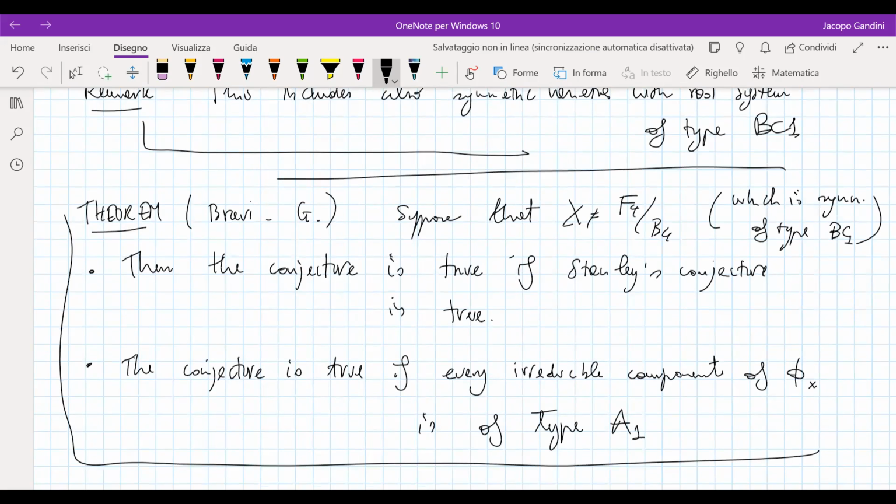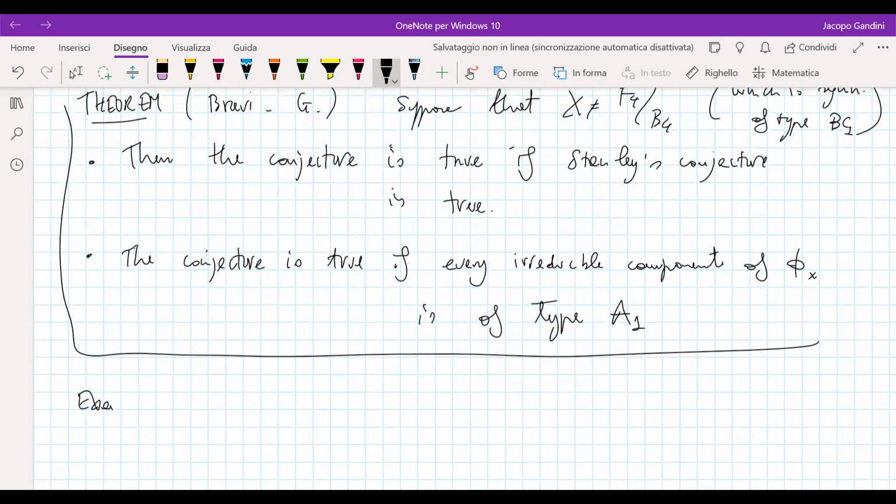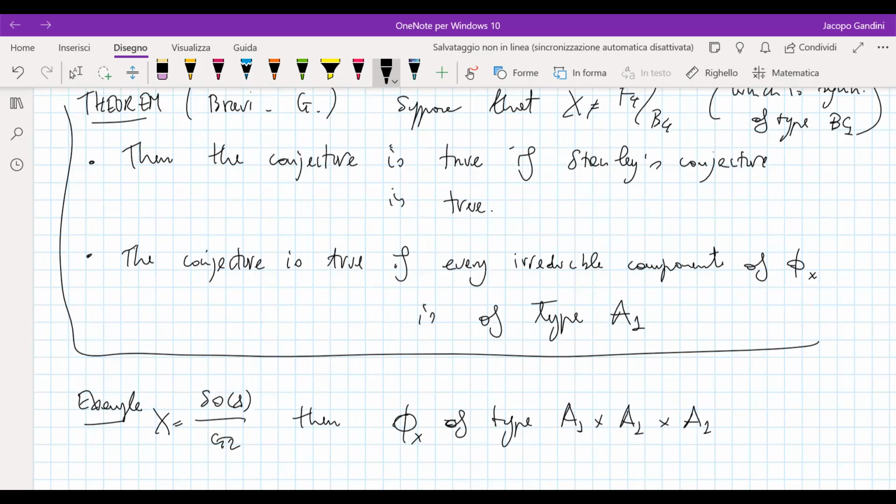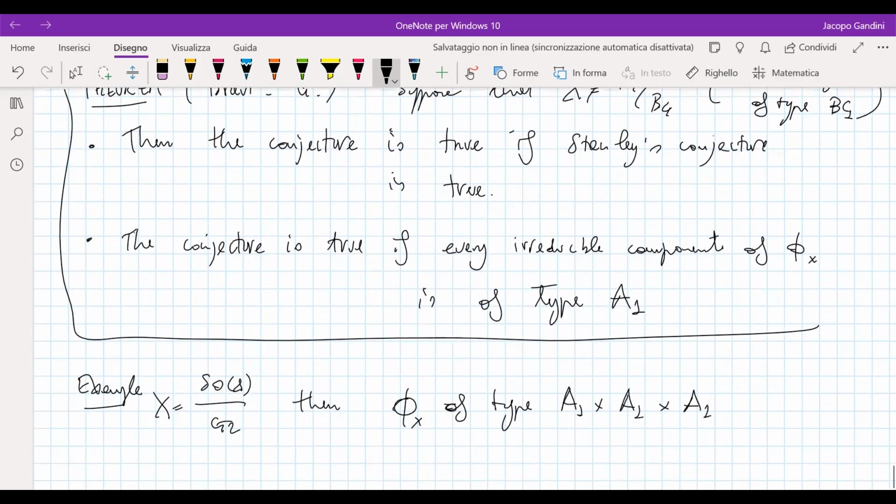So we already showed an example. In the symmetric case, the root systems are always irreducible if G is simple. In this case, we already saw an example which was A2 times A1. So for instance, just to see another example, if we take the triality, so SO8 over G2, then phi x is of type A1 times A1 times A1. So we can, for instance, apply the theorem in this case.